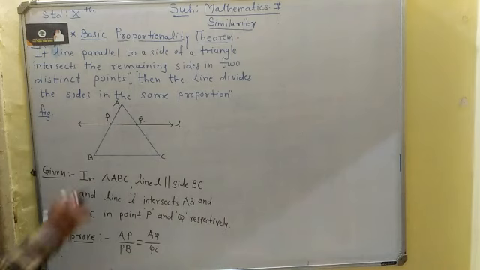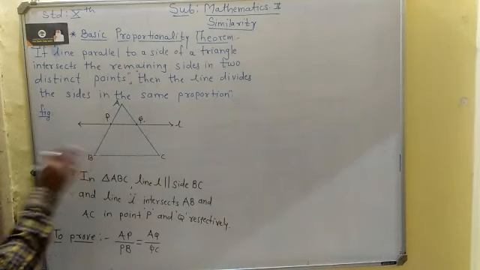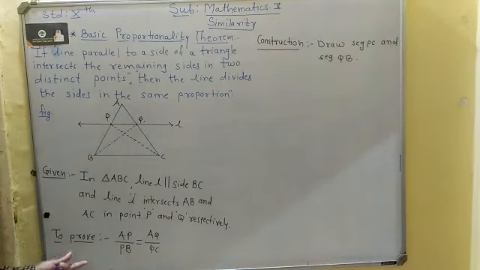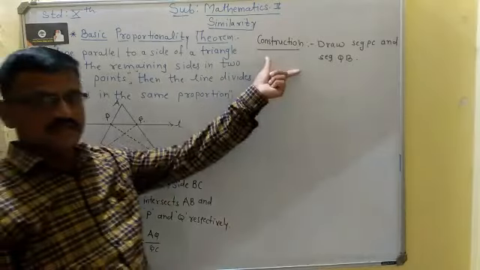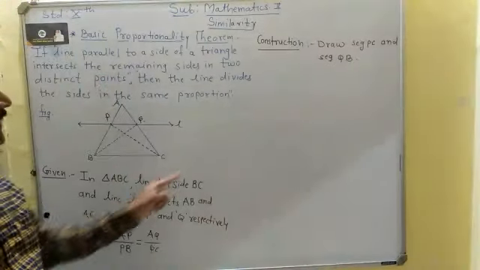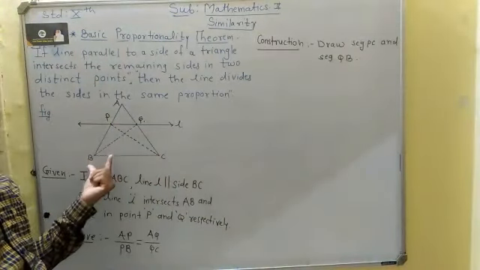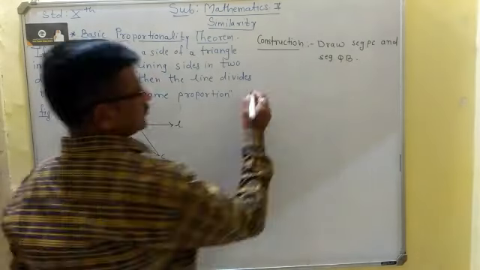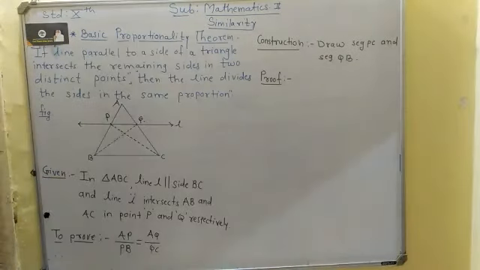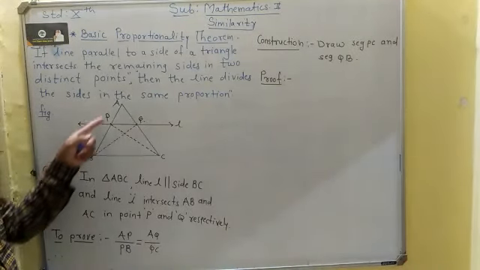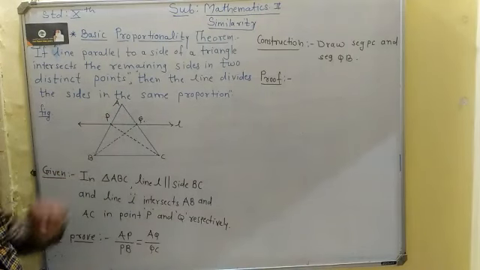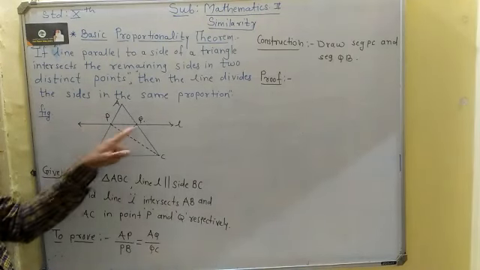Now, sufficient information is not given in that figure to prove the theorem. Hence we do a construction here. Draw segment PC and segment QB. Proof. Observe the figure. Look at triangle APQ and triangle PQB.